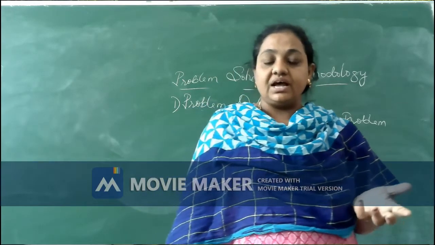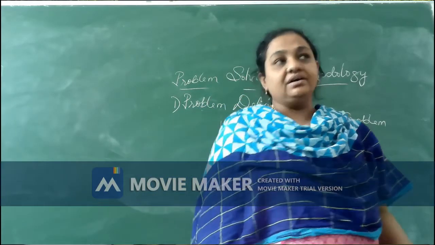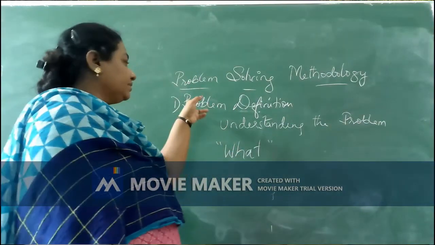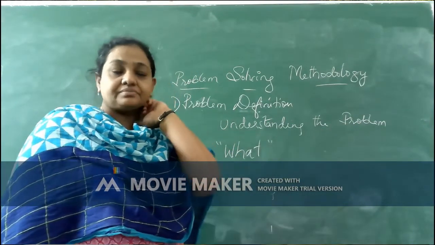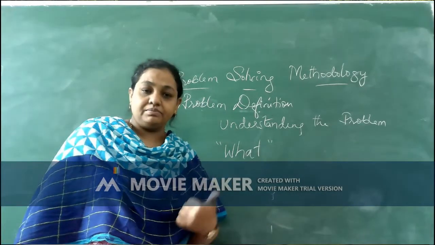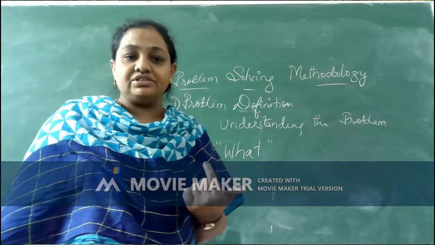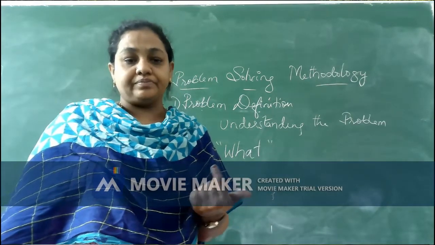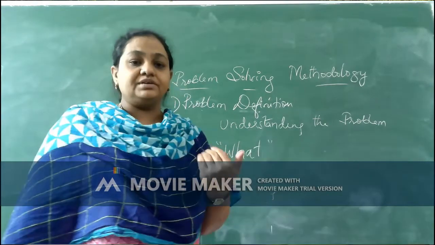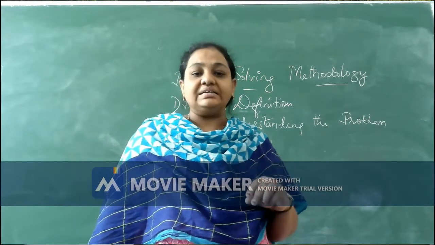Then the next thing is the things required to build the model. You will make a list, you will start thinking about what the requirements are for building that model. Similarly, when a problem is given, first you need to understand the problem and then understand the requirements of the problem.